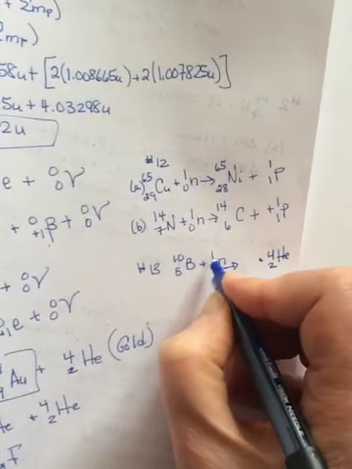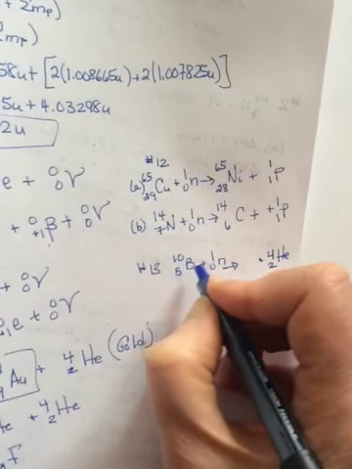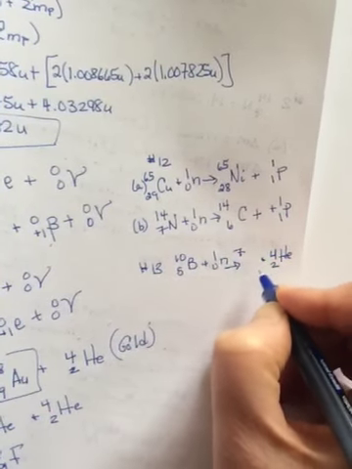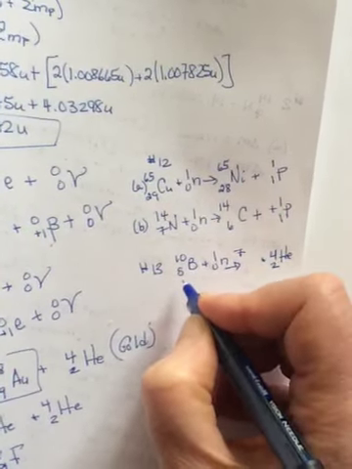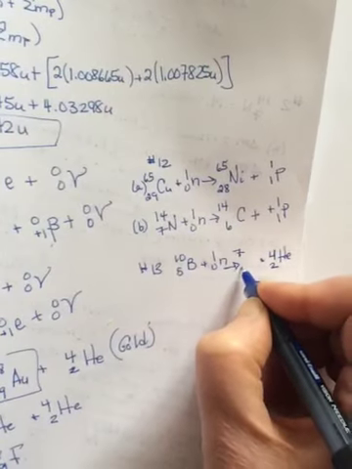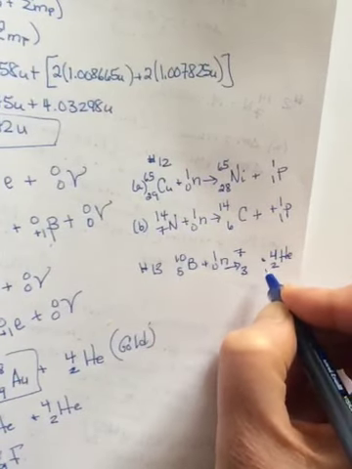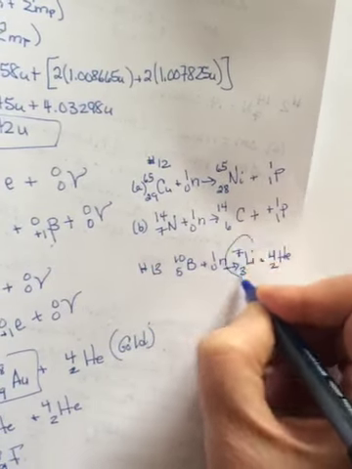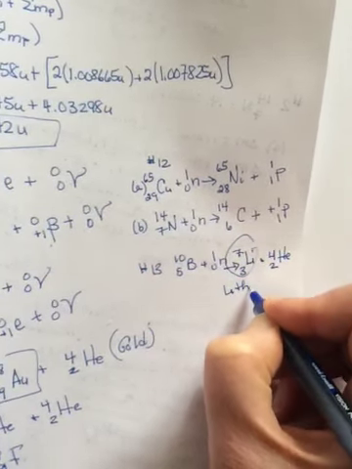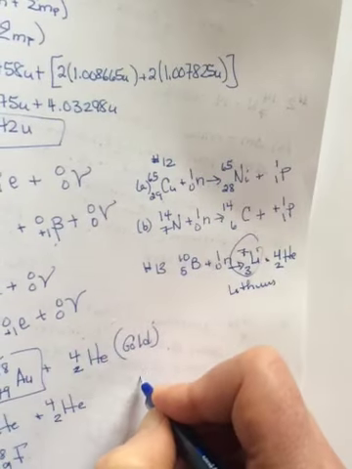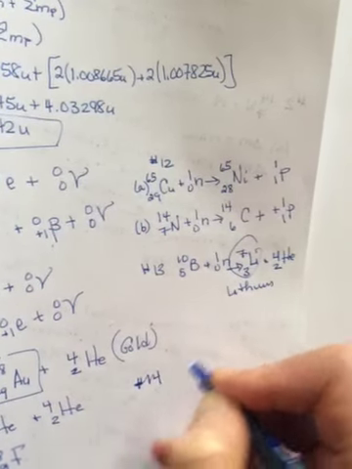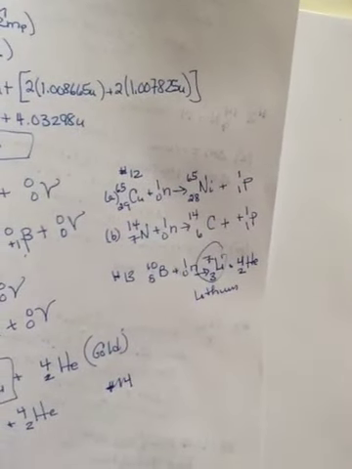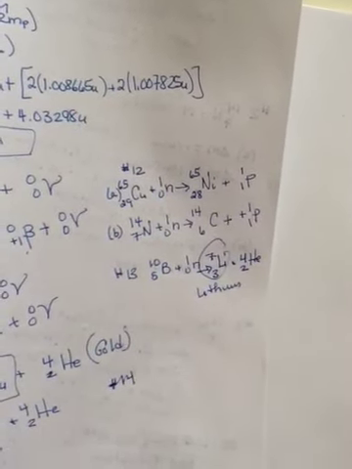So what must the other thing be? The total on the top is 11 on the reactant side, so this must be a 7, so it's 11 on the product side. We have 5 over here, so this must be a 3, so we can have 5 on the product side. Look up 3 in the periodic table. This is lithium.